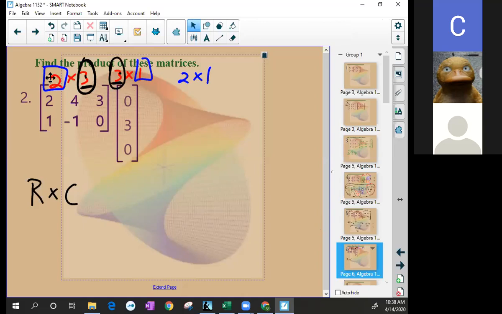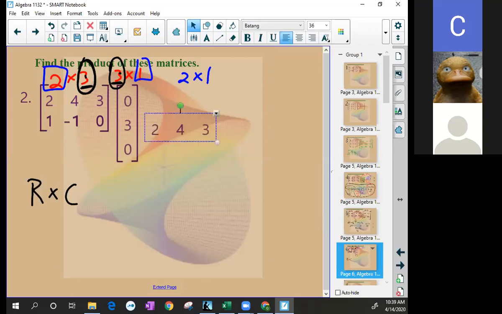So let's proceed. I'm going to take the first row. I'm going to flip it up, put it right next to that column. So it's going to be 2 times 0, 4 times 3, 3 times 0.